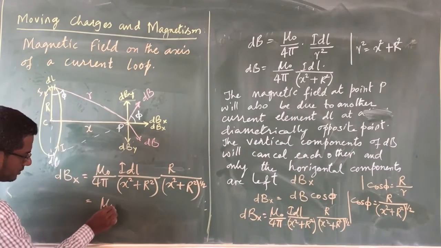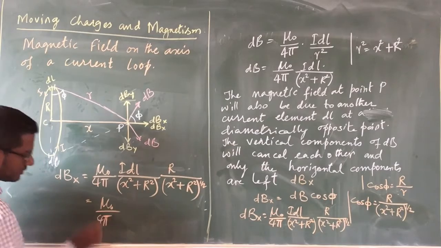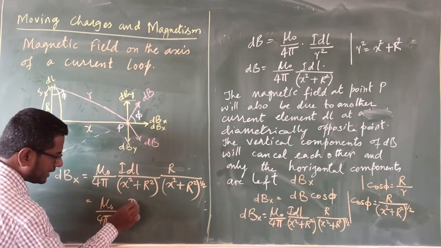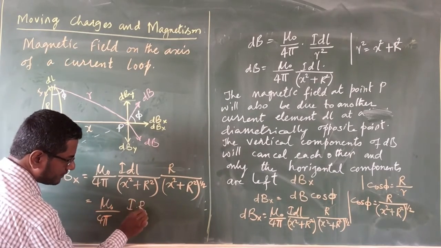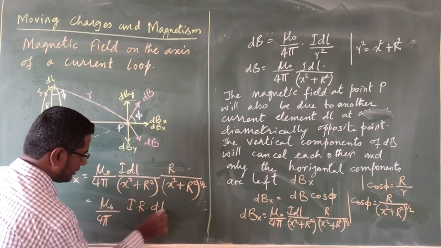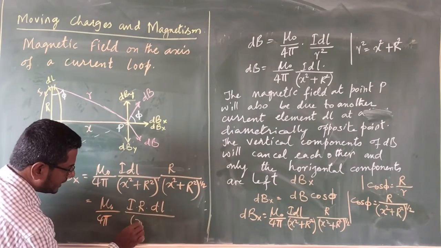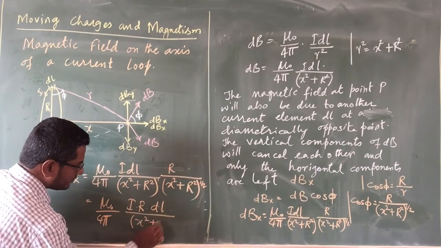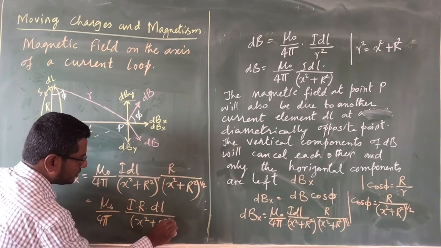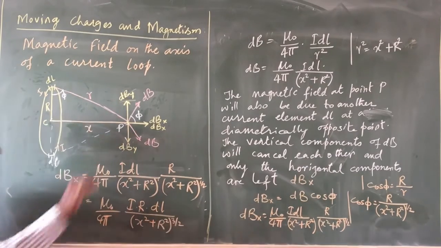Mu naught by 4 pi remains as it is. I will take R first, then it will be dl divided by x square plus R square to the power of 3 by 2.